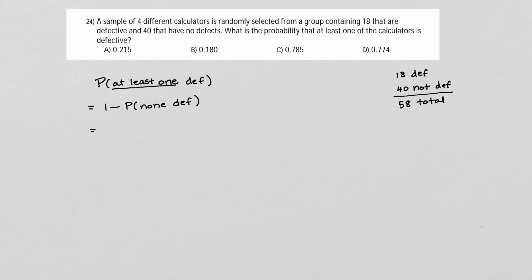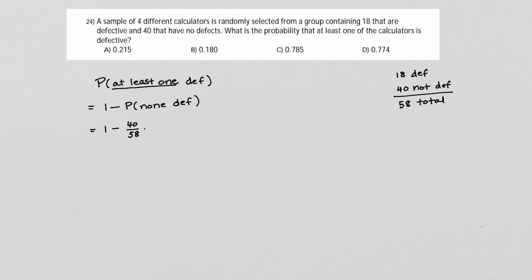Now, in this case, we know how many calculators there are, and we're going to select 4 of them. And because we're selecting from a small group, relatively speaking, 58 calculators, we'll need to select without replacement, and we're going to treat this very similar to what we did in number 22, that first problem we saw. So, probability the first one is not defective, well, that'll be 40 out of 58.